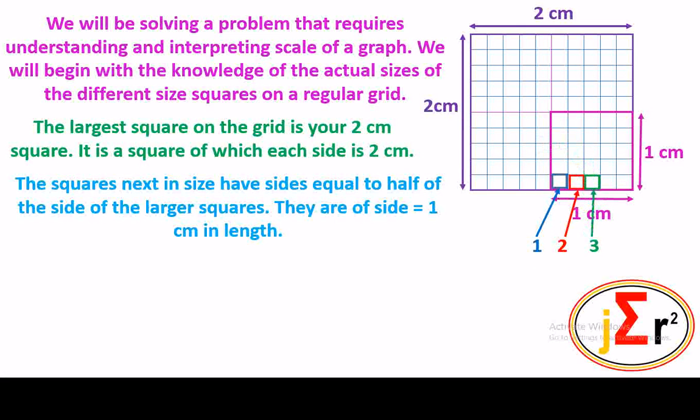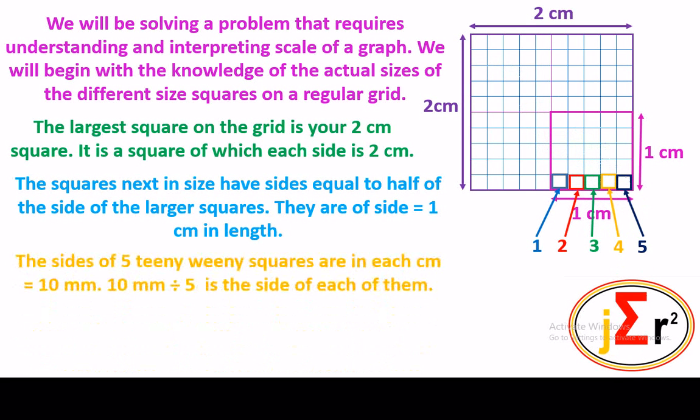We are going right under the microscope. What do we see there? The sides of 5 teeny-weeny squares are in each centimeter, which is equal to 10 millimeters. So each centimeter is 10 millimeters, and we have 5 small squares right there.